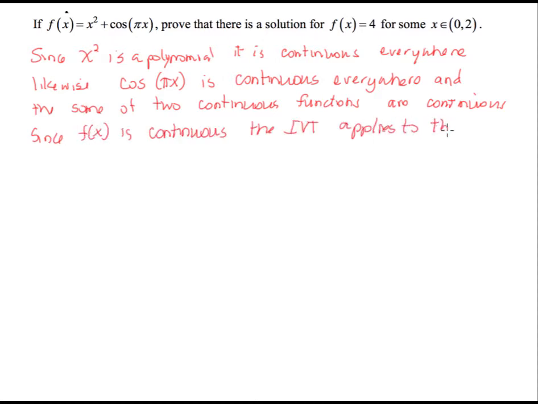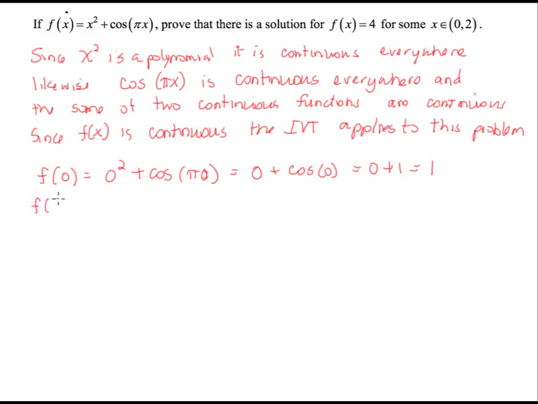To prove that f of x has a value equal to 4 in that interval, I need to look at the endpoints of my interval. First I need to figure out the function value at f of 0 by substituting 0 in place of every x. I end up with 0 plus cosine of 0, which we know from the unit circle is 1. So I know f of 0 is at a y value of 1.